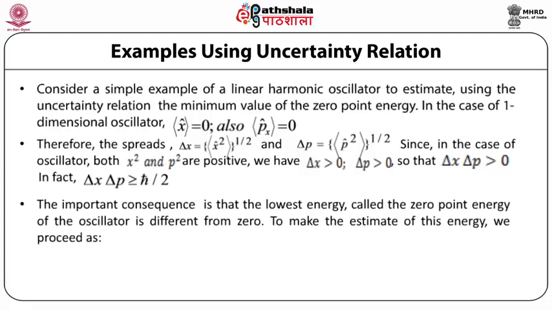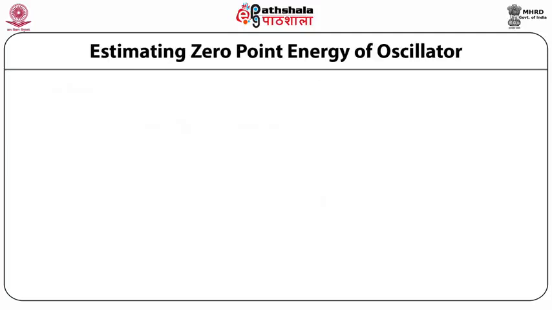The reason for that is what we had discussed earlier in the case of root mean square deviations: for quantities like harmonic oscillators, the mean of a quantity like the displacement comes out to be 0, but the mean of the square of the displacement is not 0, and therefore the root mean square value of the displacement will not be 0, and thus we can actually find the spread in both the position as well as the momentum. And an important consequence is that the lowest energy, called the 0-point energy of the oscillator, is different from 0.